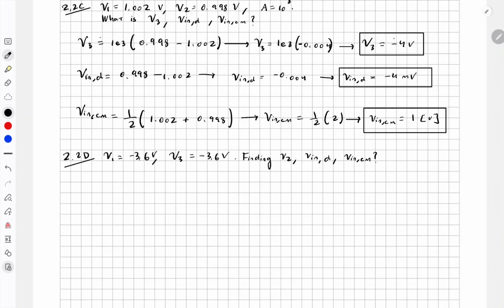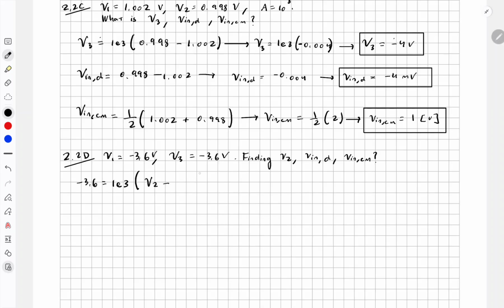So how we can do this is we can say V3 is equal to A times V2 minus V1. So negative 3.6 is equal to A, which is just 1000, using A from before, times V2 minus V1.